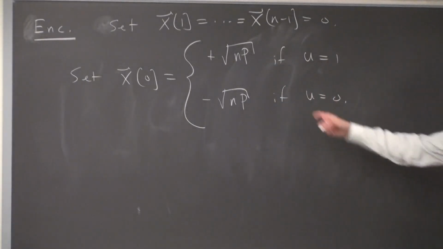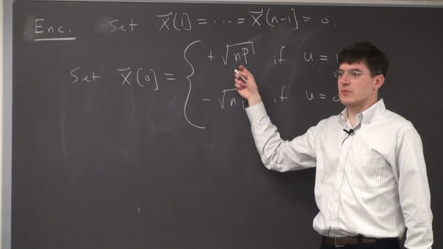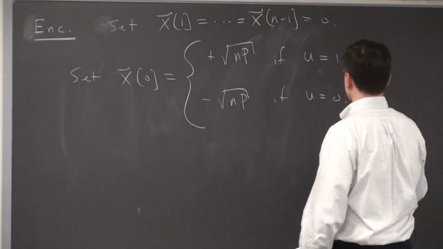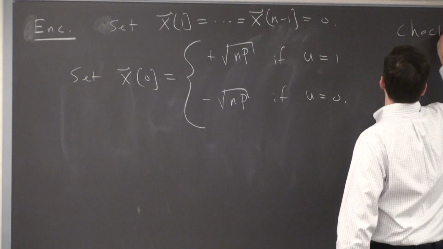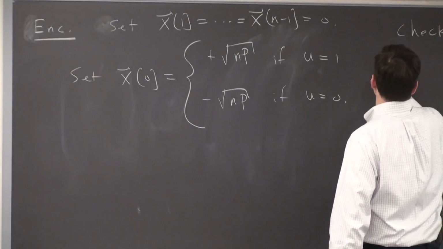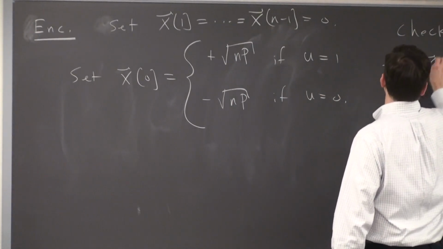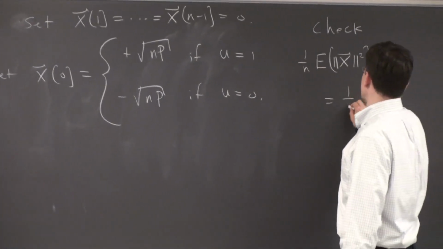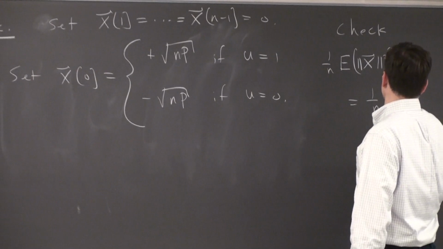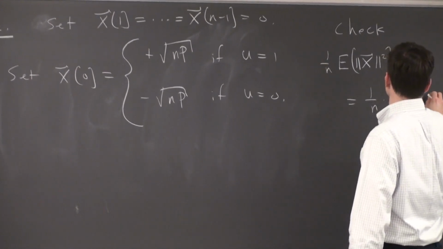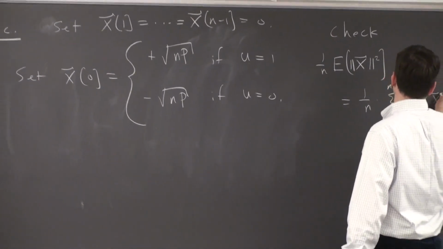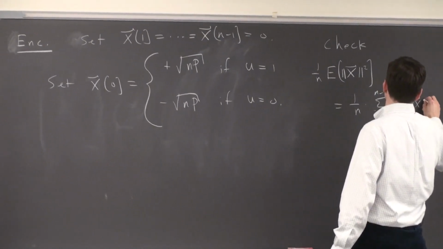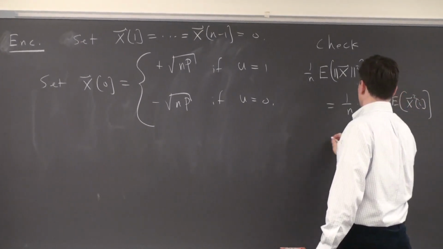So I'm concentrating all this power in the first sample. And you can check the power constraint. So 1 over n, expectation of the length squared of x. This is what? We have the sum over all the entries of x, expectation of that component squared.